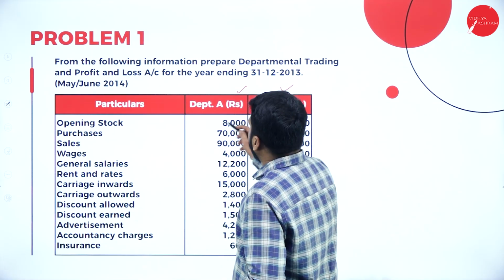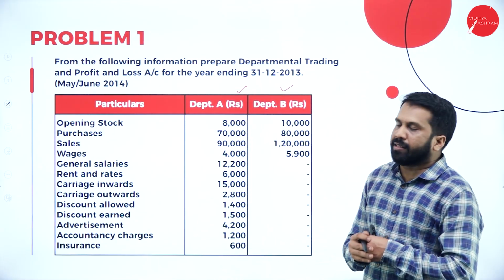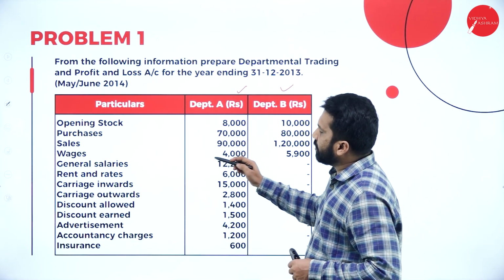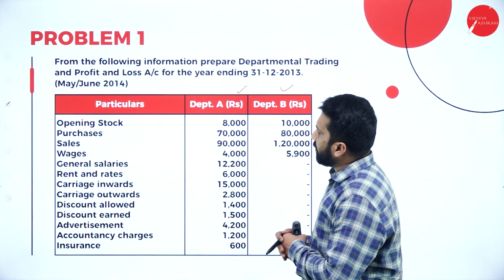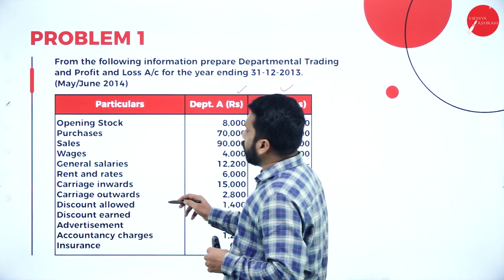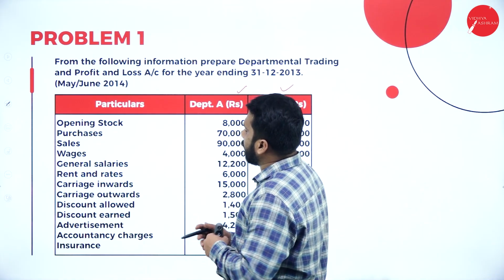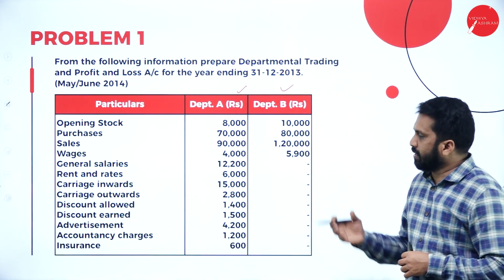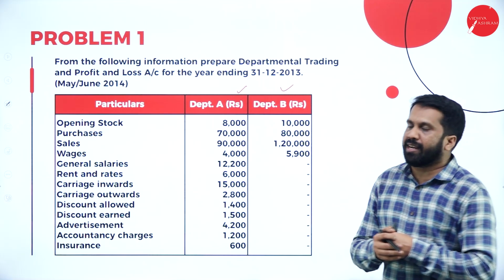Now, your opening stock 8,000, 10,000. Your purchases, sales, wages, general salary, rent and rates, carriage inward, carriage outward, discount allowed, discount earned, advertisement, accountancy charges, insurance. These are the expenses we have.